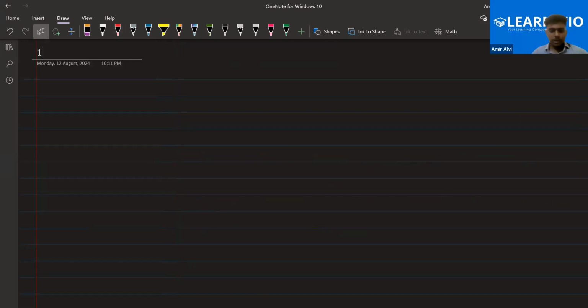So now let's understand the first law of motion. Newton sir gave the three laws of motion basically.